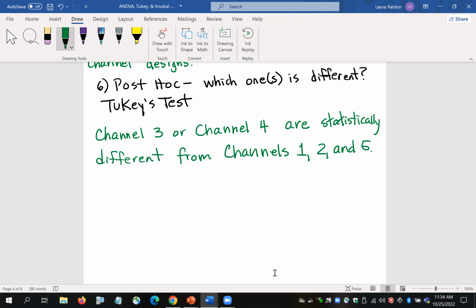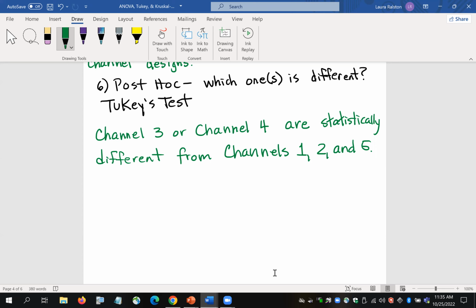Yeah, okay. Right. And if I were the engineer trying to decide which channel design I would want to use, based on this, we know that there's a difference in the channel designs. If we had concluded that there was no difference, then it wouldn't matter which design I picked. But because there was a difference, I want to figure out which one is the best option. So running two case tests, I can see that 3 and 4 are statistically different.